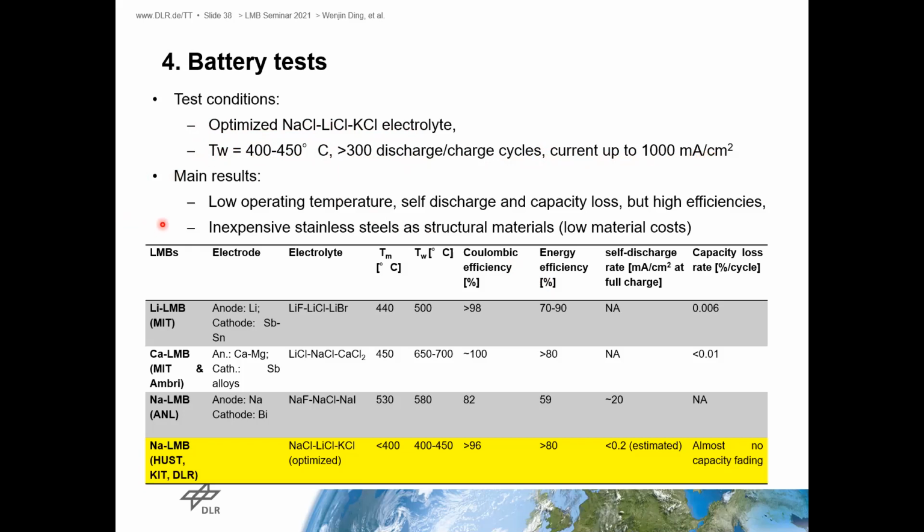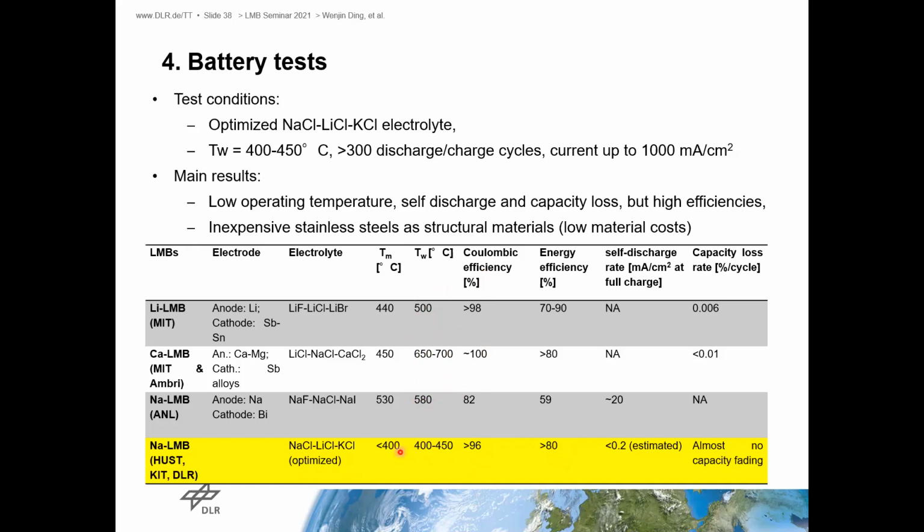Our main result is that using the optimized salt mixtures, the sodium liquid metal battery can be used at low temperature, much lower than the conventional state-of-the-art liquid metal batteries. For example, here the efficiency is higher than 96, and the energy efficiency is higher than 80.